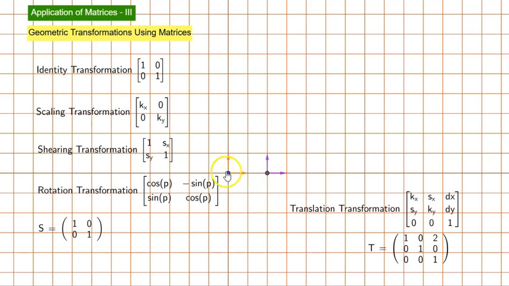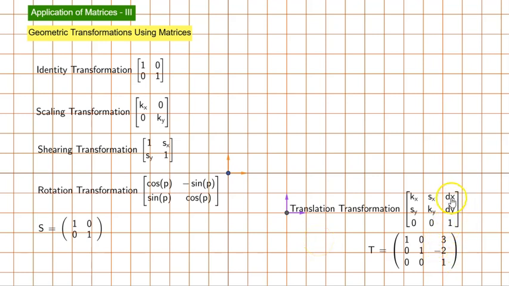You notice that both the vectors have shifted to the right along the x-axis by 2. Similarly, if we change dy, say dy equal to minus 3, we say that this is the translated version of these two vectors.